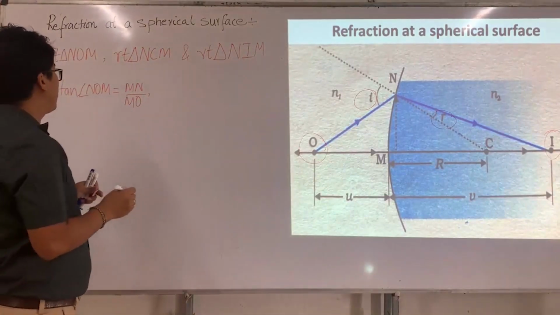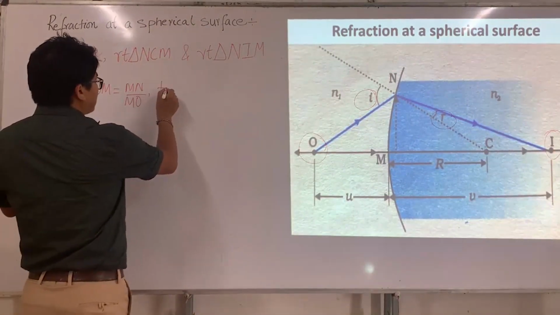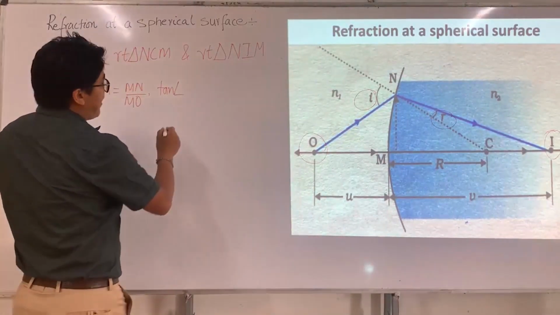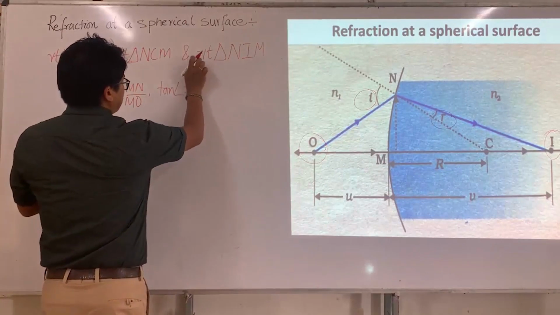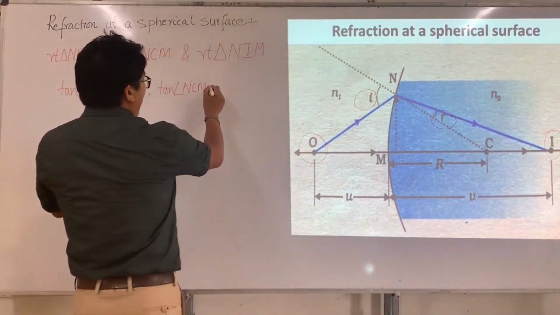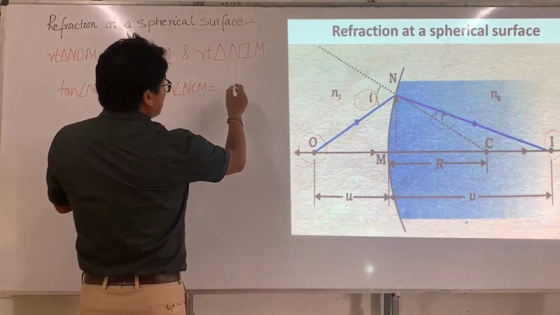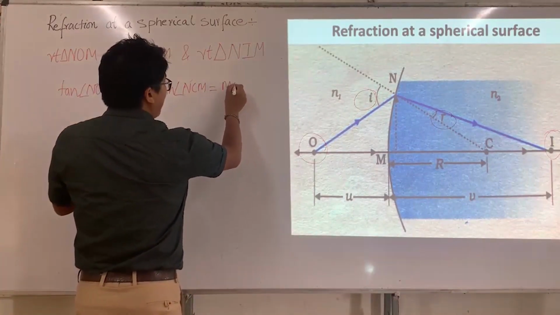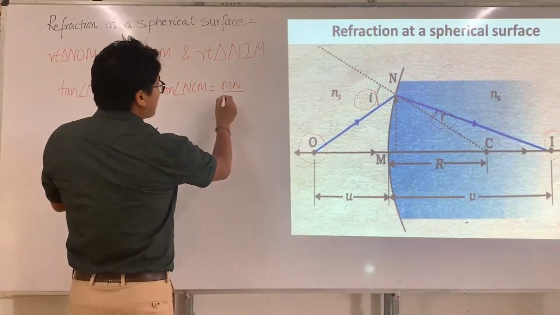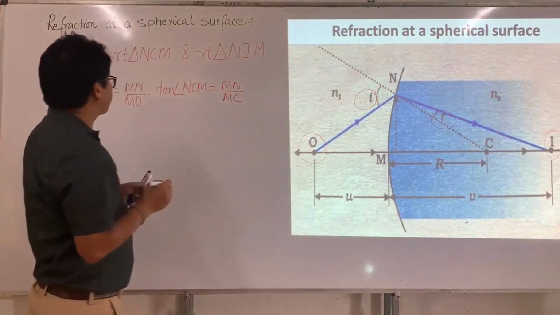This is the first one. Another one is tan of angle NCM, which is equal to height MN divided by base MC.